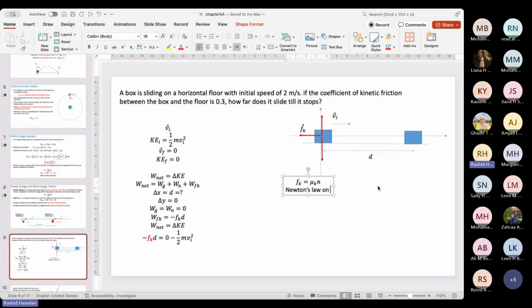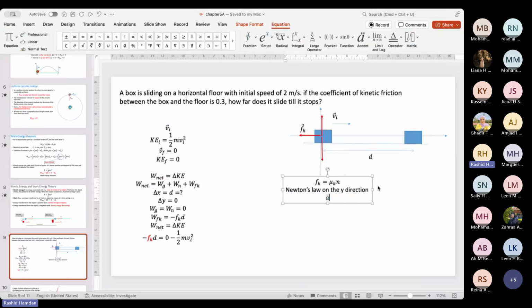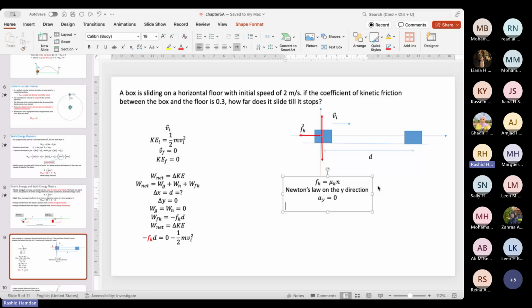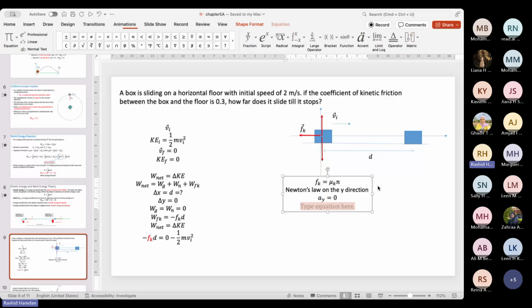On the y direction, ay is 0. That's why I can simply apply Newton's law without hardship. So we have N equal to mg.